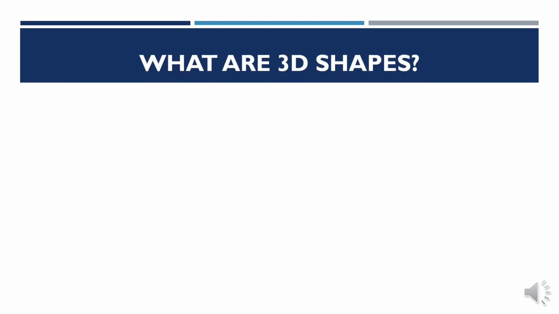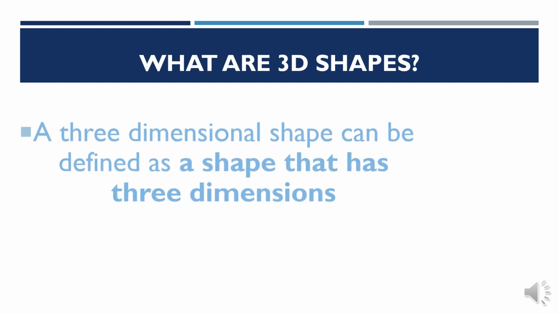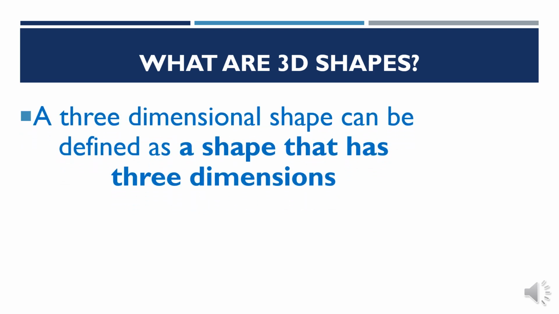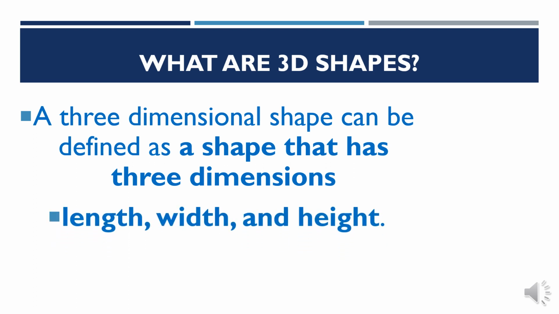First of all, you should know what 3D shapes are. A three-dimensional or a 3D shape can be defined as a shape that has 3 dimensions. Now, what are the 3 dimensions that a 3D shape has? Let's talk about the 3 dimensions: length, width, and height.